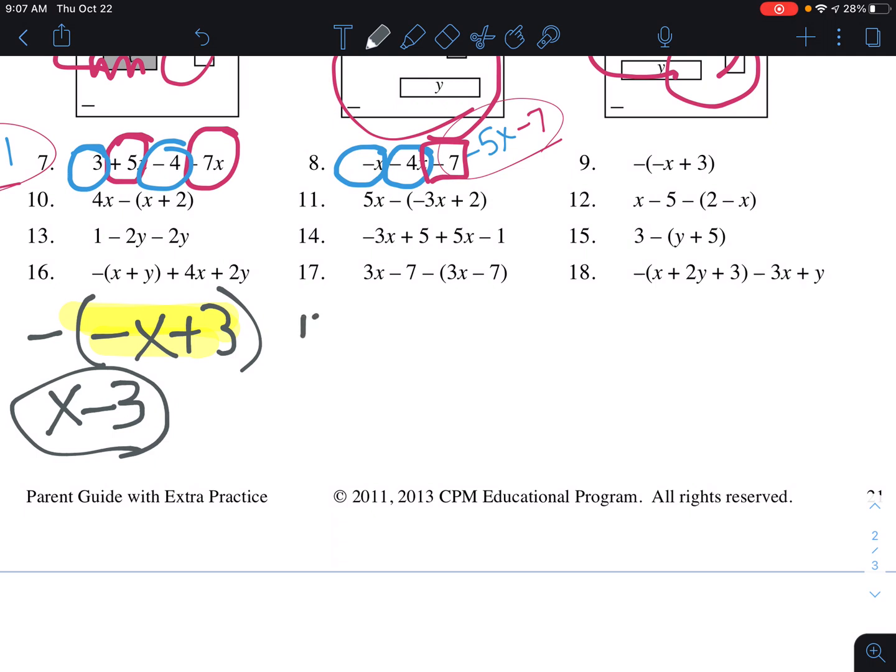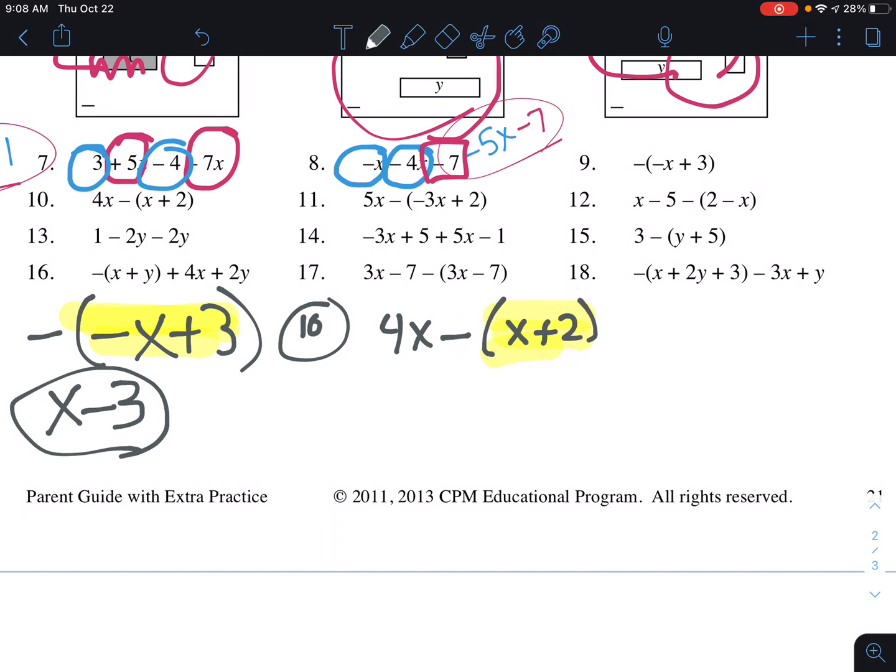Okay, number 10 is 4x minus, and then in parentheses is x plus 2. Again, what is in the parentheses that comes right after a minus sign is going to have to get flipped. So think of it as flipping this stuff up to the addition mat.